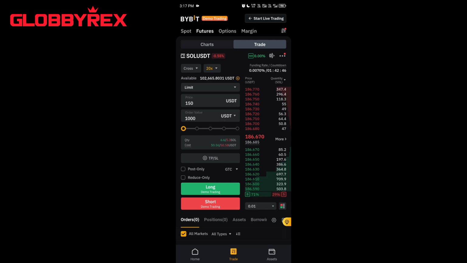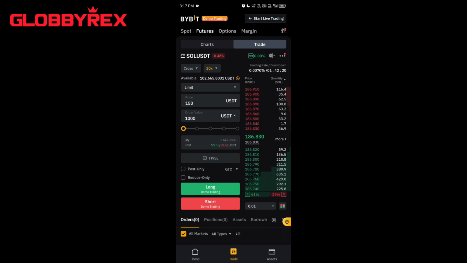Look down, you see quantity 6.6 Solana, you see cost 50.56, which means the amount you're using to open this position is $50.56 and not 1,000. That's the very first mistake most people don't understand. Because they put 1,000 here, they think they're opening this trade with $1,000.